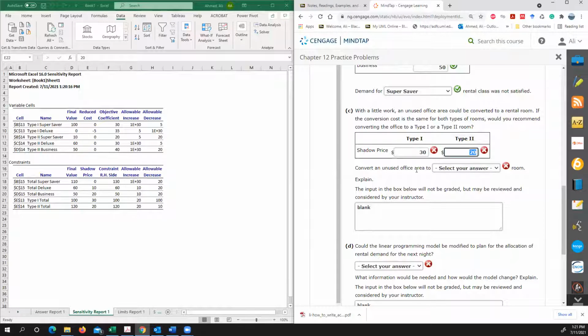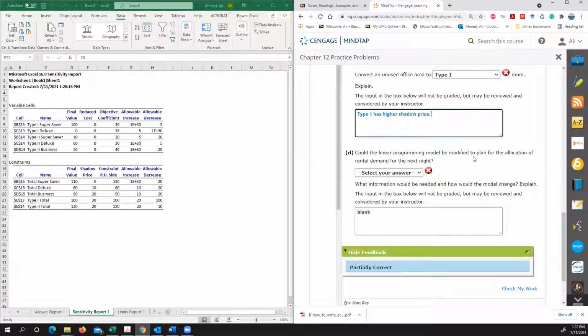So convert an unused office space to type 1. This simply tells us that type 1 has a higher shadow price, and that's the reason we will go for converting that extra room to type 1.